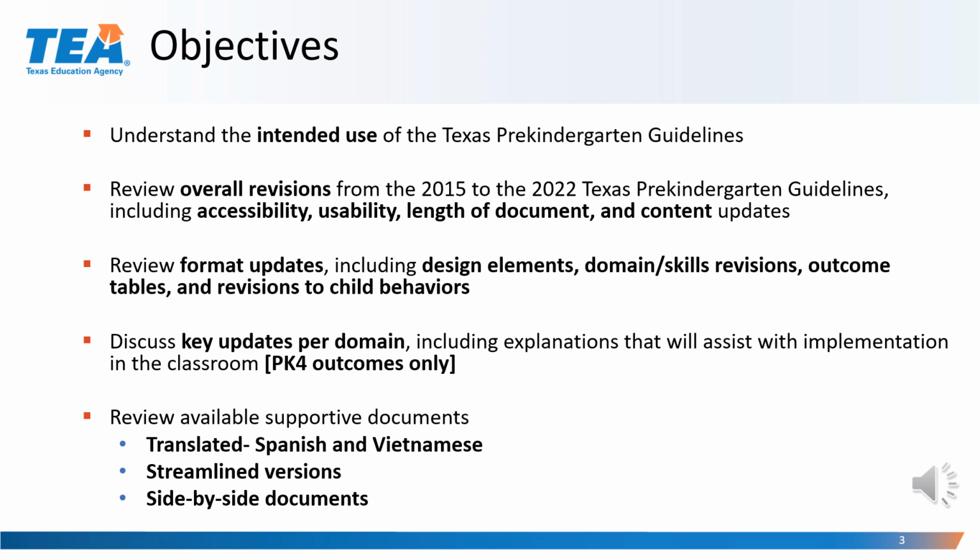We will review key updates per domain, including interpretation that will assist with implementation in the classroom of PK4 outcomes only. And finally, we will review supportive documents such as translated documents in Spanish and Vietnamese, streamlined versions, and side-by-side documents.